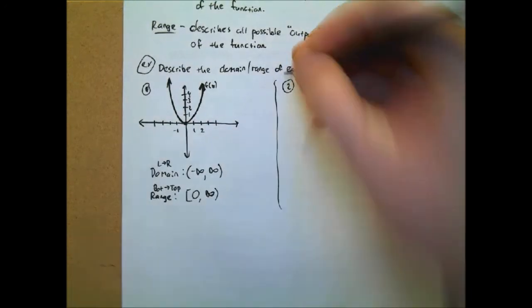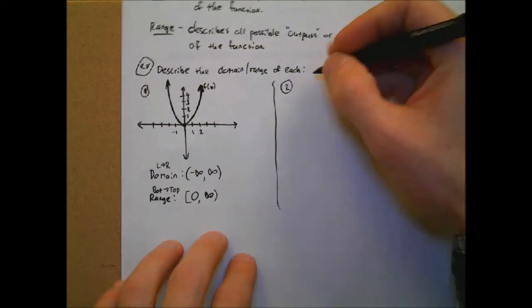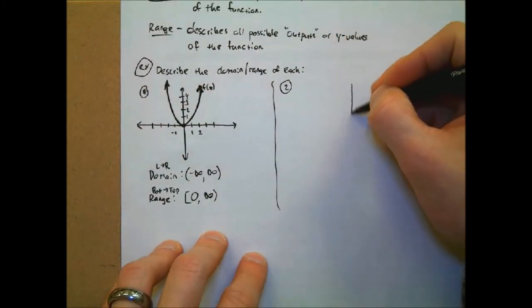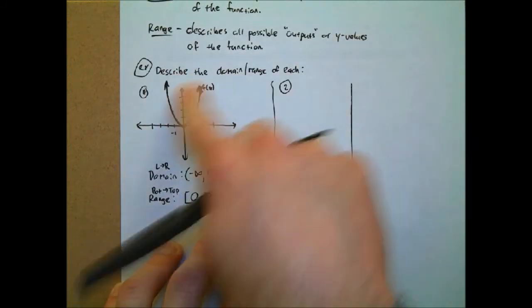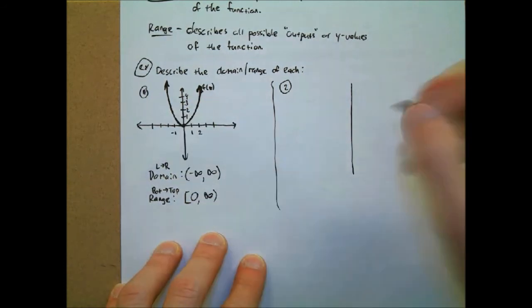Number 2. Take a look at one more graph here, and then I'll have you guys try one on your own. So this is quadratic, right? The first one there, that's quadratic, like x squared or something like that. We'll look at those more in depth in a later unit.